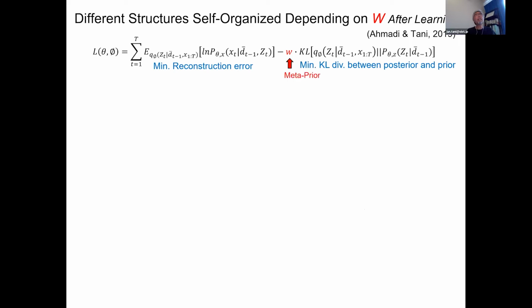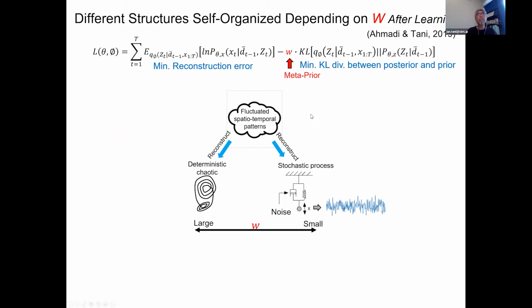We can summarize that by changing this multiplier W, the weighting, if we have fluctuated temporal patterns that we observe and want to reconstruct, then when W is larger, they are embedded in deterministic chaos. But if W is set smaller, they are embedded in stochastic dynamics. So there is some kind of continuity between. That is what I wanted to say.